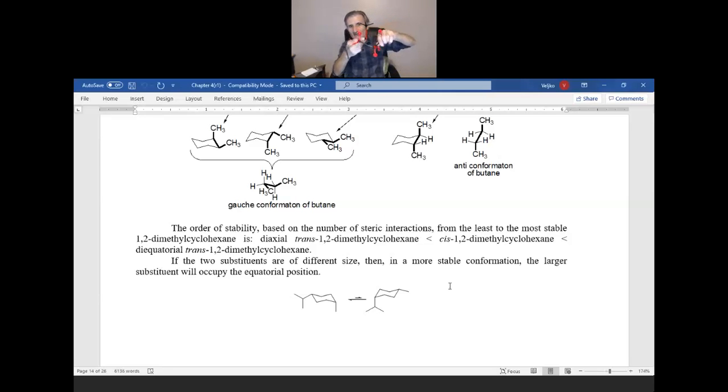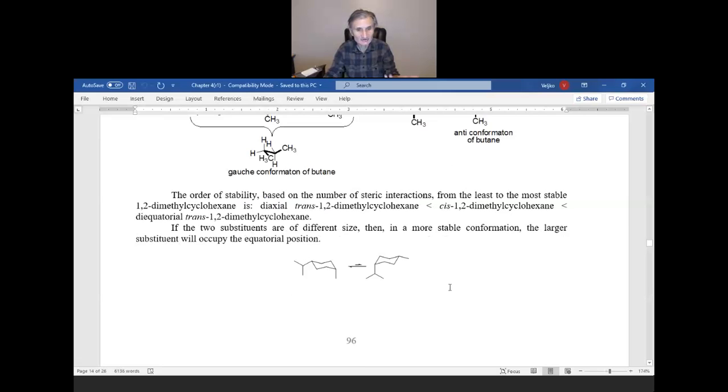If you flip it to the alternate conformation, then it's one axial, one equatorial, just a different axial, different equatorial. Then the two conformations have equal energy, equal stability. But if one conformation is diaxial, the other di-equatorial, then di-equatorial is more stable, diaxial less stable. So for each pair, you need to know which one is more stable, or are they equal in stability? And that may be on the test. So evaluating stability of substituted cyclohexanes.